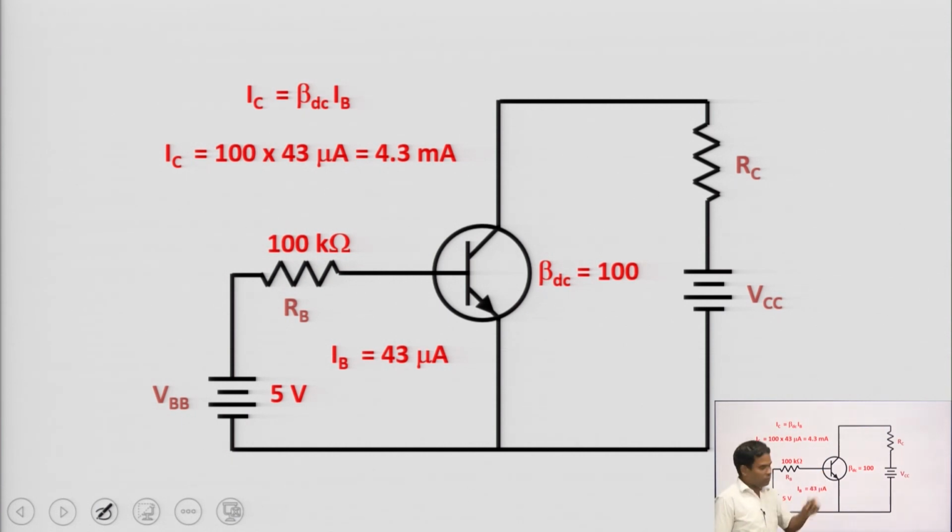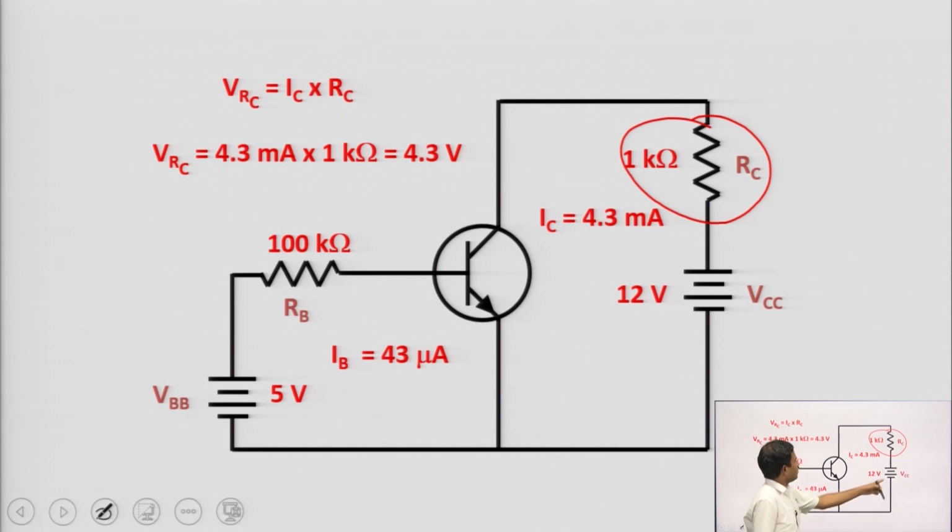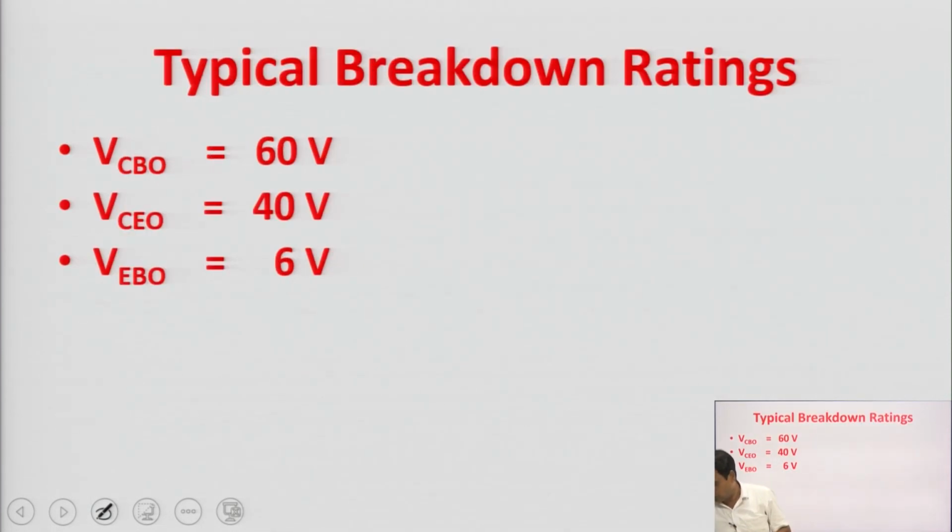Now, I am going to discuss the VCE. The voltage drop across this resistance, VRC, is equal to IC into RC, that is 4.3 milliampere into 1 kilo ohm, which is equal to 4.3 volt. Here the voltage drop across the RC is 4.3 volt, then obviously what will be the VCE? VCE equals VCC minus the voltage drop across RC, that is 12 minus 4.3 volt.